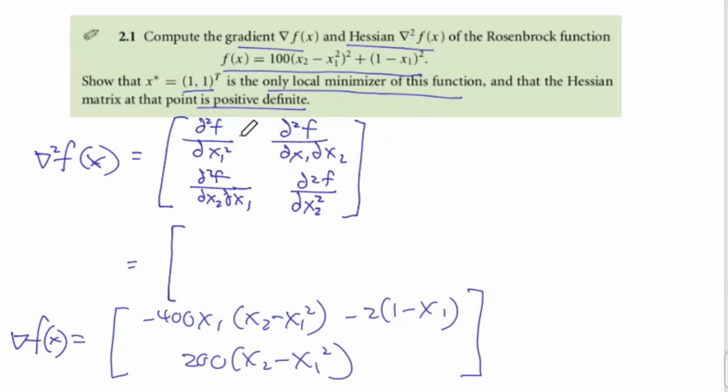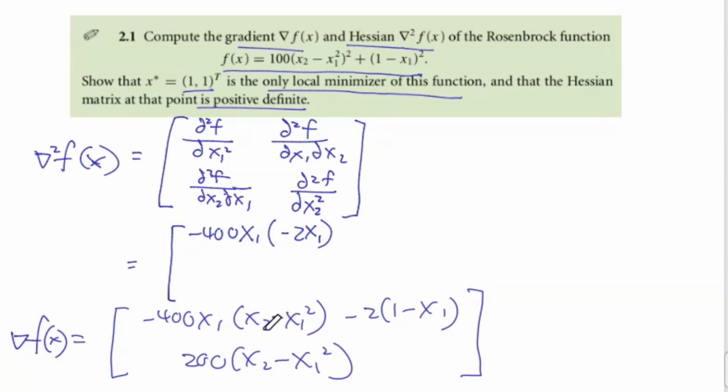So the first derivative is this one, right? Now we derive again for s1. So you see this one we will have negative 400 s1. We keep the s1, we derive the internal one, we have negative 2 s1. This is 0, right?